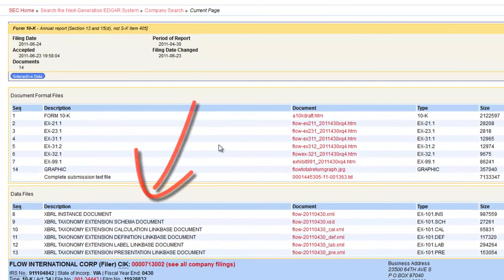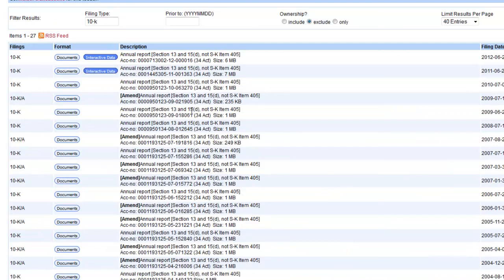And it's because XBRL was introduced several years ago, and now it is required for companies to file their 10Ks and their 10Qs also using XBRL data.